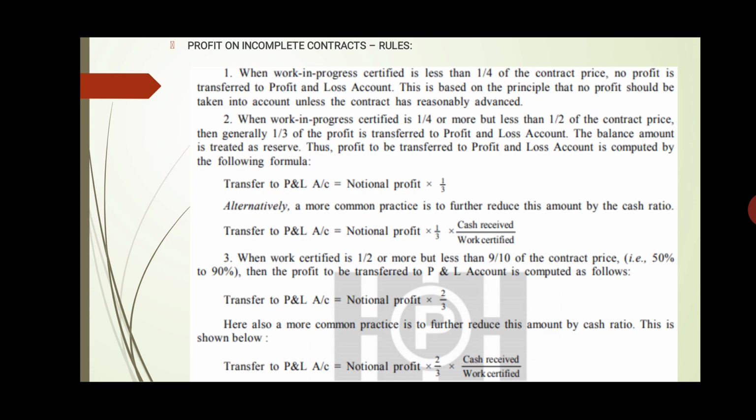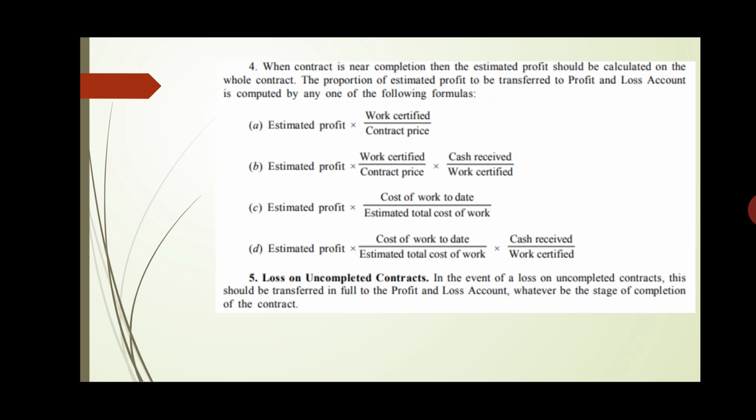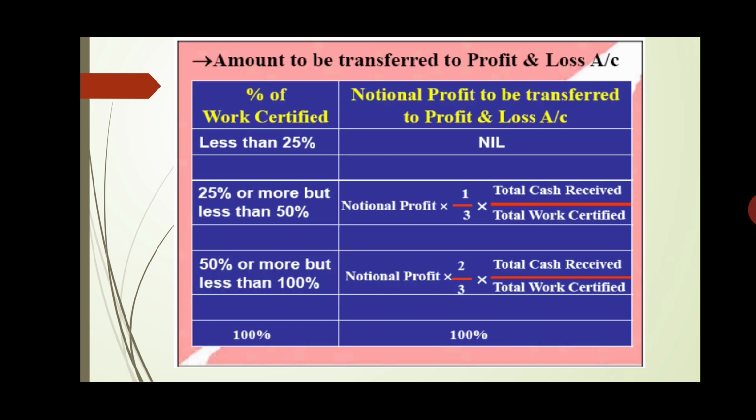This will help in calculating how much amount has to be transferred to the profit and loss account and how much amount has to be transferred to the WIP reserve. WIP means work in progress reserve. Now, this is just a snapshot of all the 4 rules.